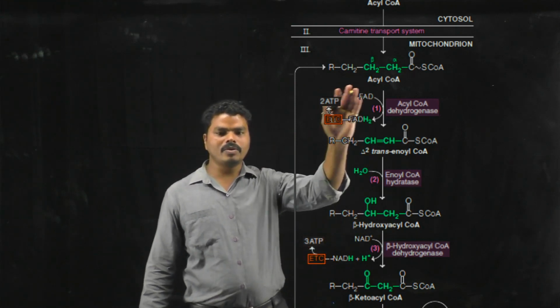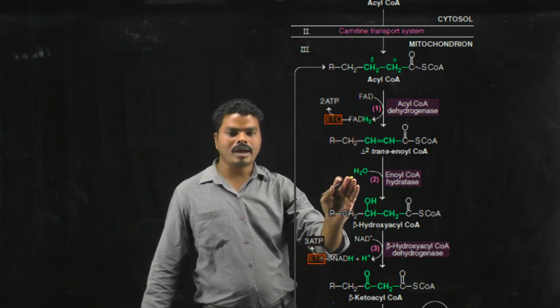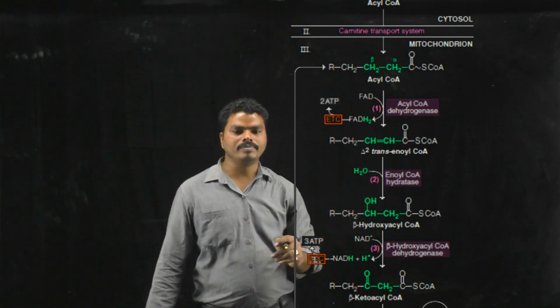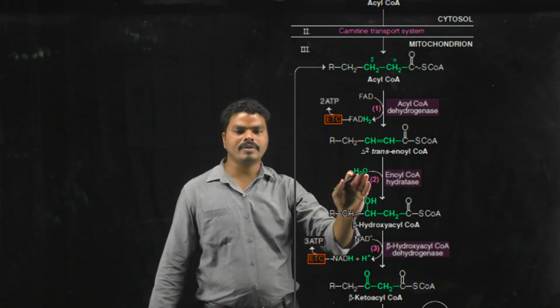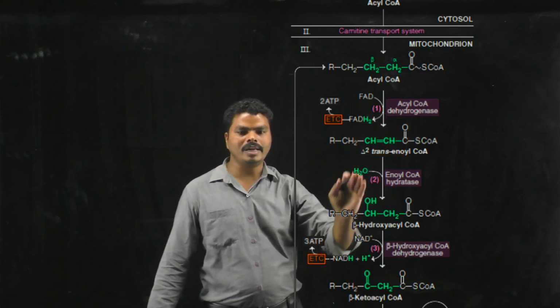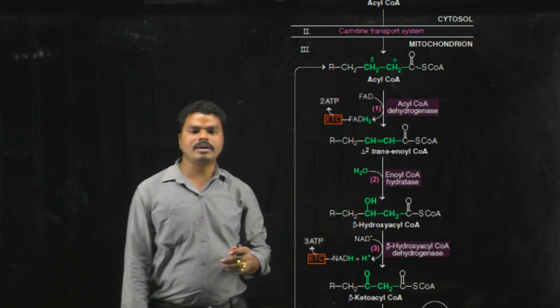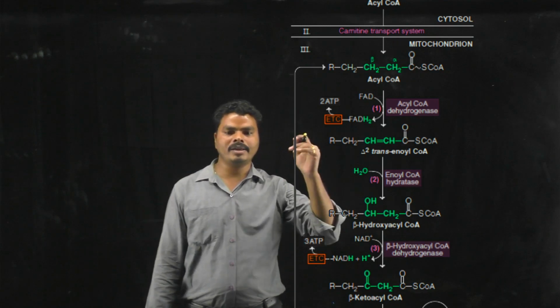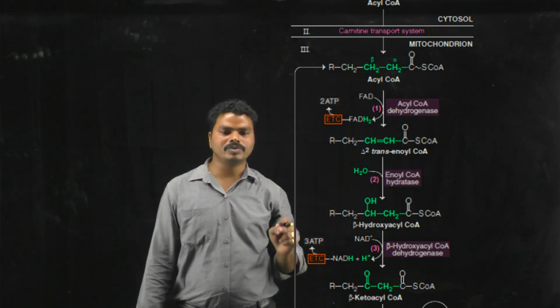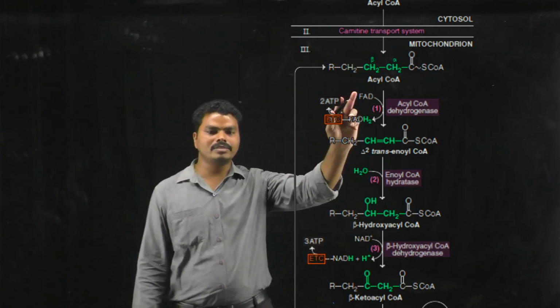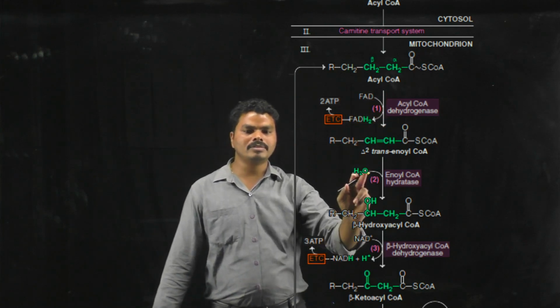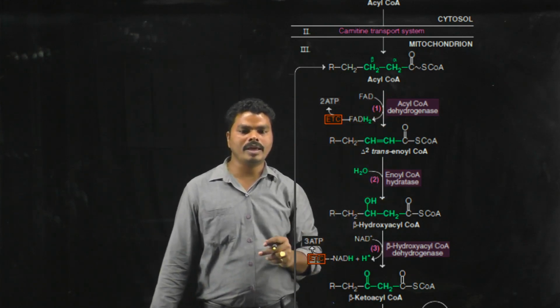The acyl-CoA is converted to trans-enoyl-CoA by the action of the enzyme acyl-CoA dehydrogenase. This first step of beta oxidation in the mitochondrial matrix is the conversion of acyl-CoA to trans-enoyl-CoA.